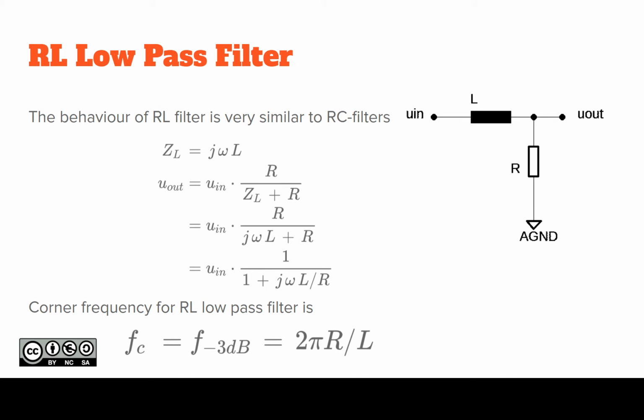So you can still tune the filter cutoff frequency by a couple of components, L and R. And the corner frequency for the RL low pass filter is 2 pi R divided by L.